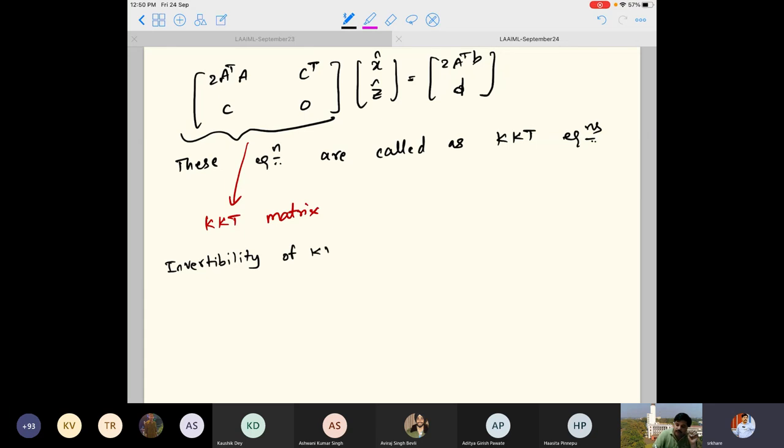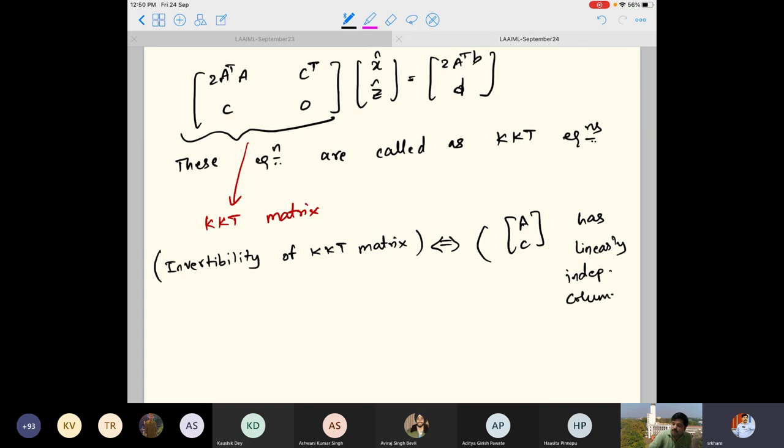So invertibility of the KKT matrix is equivalent to the fact that this stacked matrix of A and C is full column rank, or has linearly independent columns. So if the columns of this matrix A and C are linearly independent, then the KKT matrix is invertible.